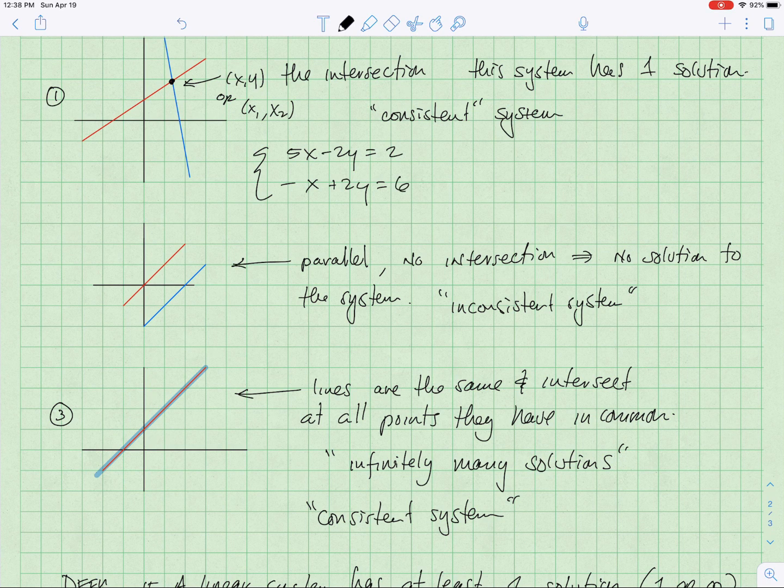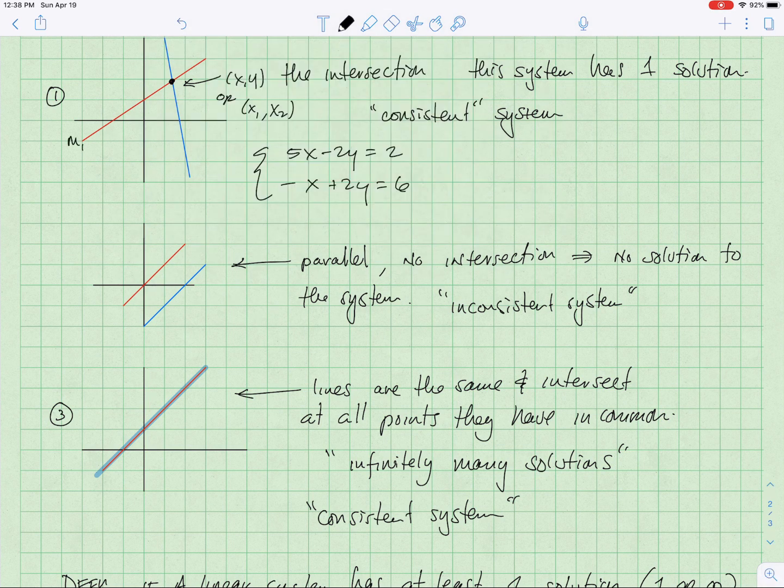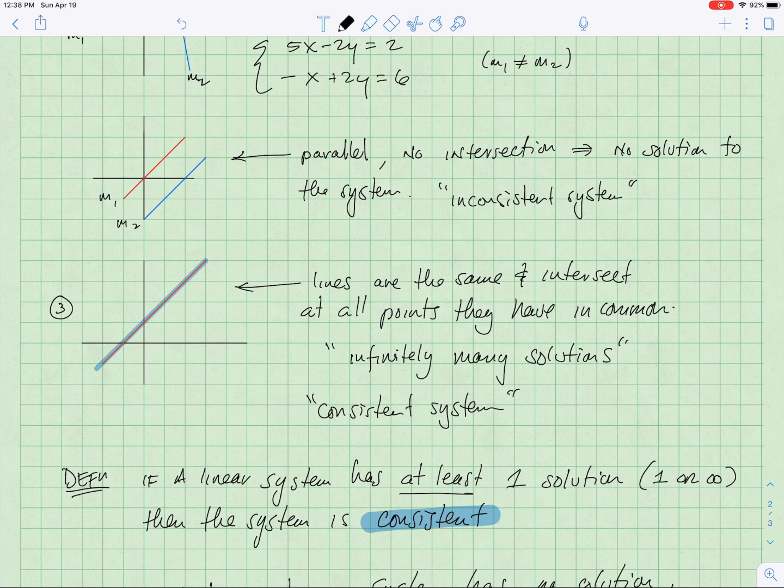How can you tell by looking at it? Well, if you were to solve for y, the fact that these two equations have different slopes, slope 1 does not equal slope 2, then they're going to have to intersect. Here, slope 1 and slope 2 are equal, that they're parallel. That's how I know that they're parallel.